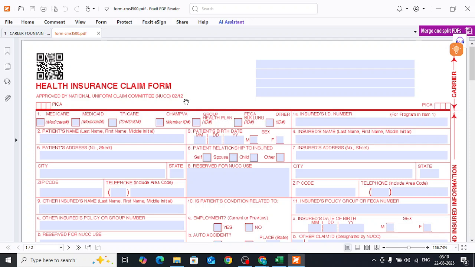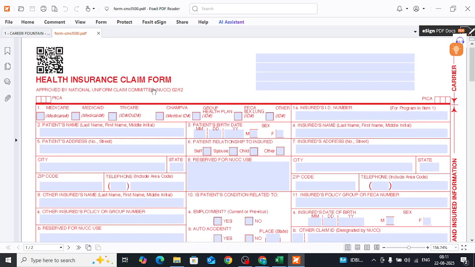The hard copy of the claim form is charged at 18 to $20 per claim form, and your courier charges will be different, 40 to $60, depending on the distance from our hospital to the insurance. That's the reason everybody prefers the electronic way to submit claim forms.